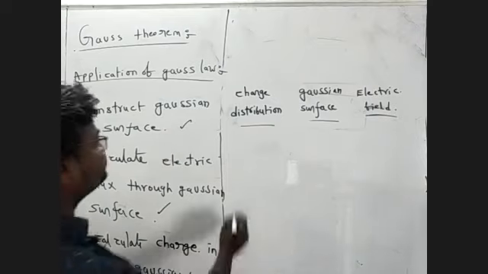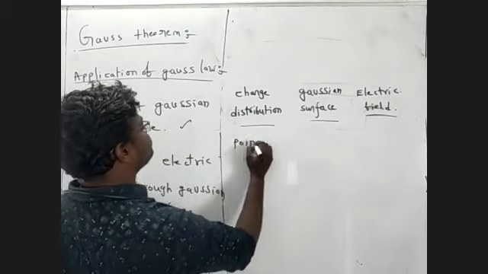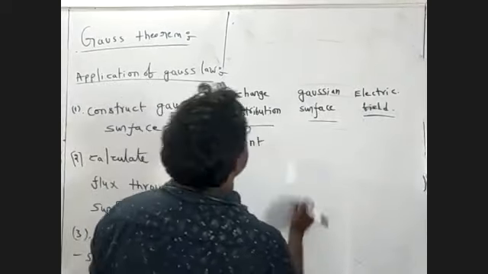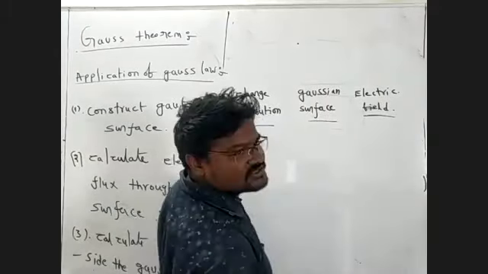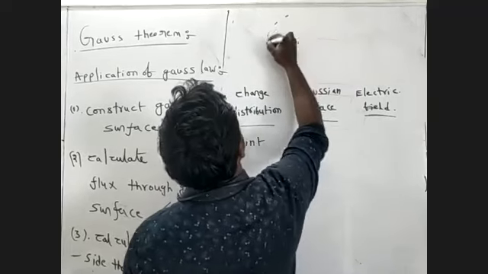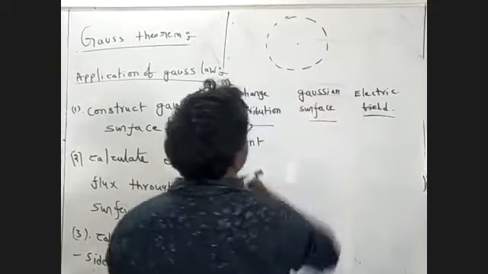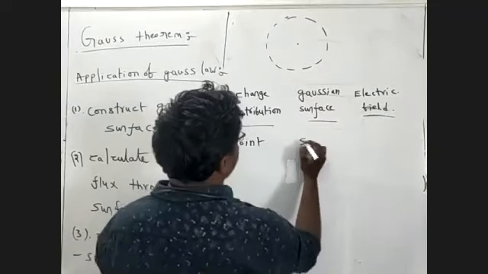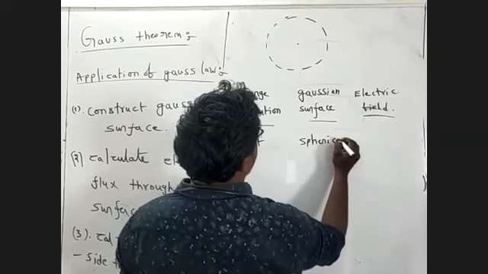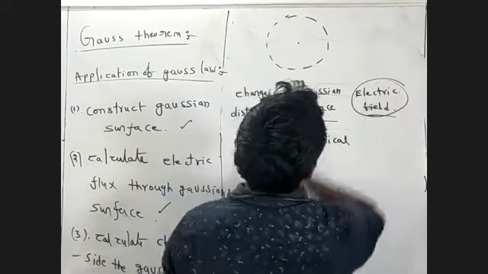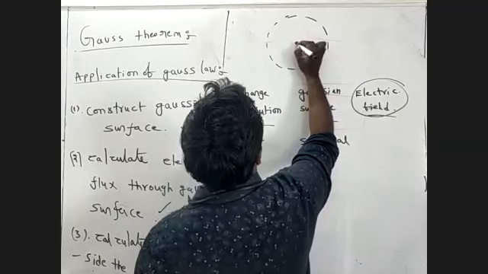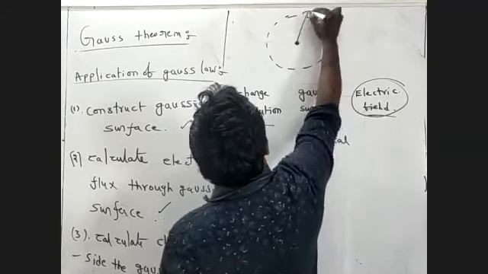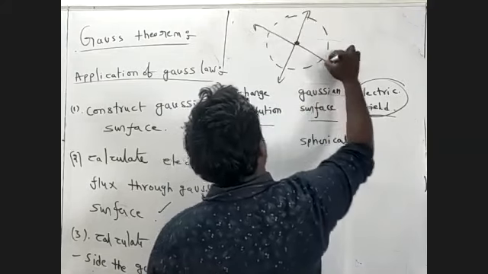Point charge. What is the shape of the Gaussian surface for a point charge? Spherical. So we draw the Gaussian surface, and it is spherical. Suppose this is a charge; the electric field is radially outward.